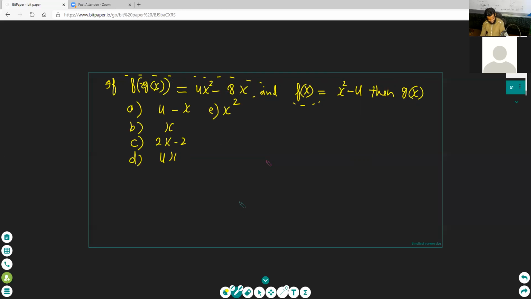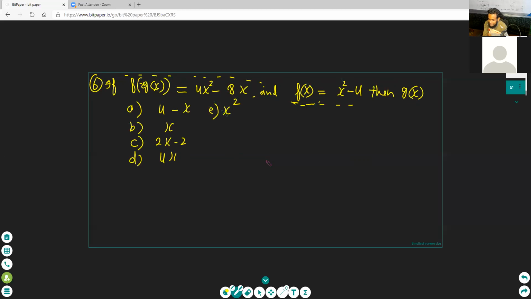Not understanding? You can use the cracking skills. It's going to be 4x squared minus 8x equal to x squared minus 4. No, this is f of g of x, and this is f of x.